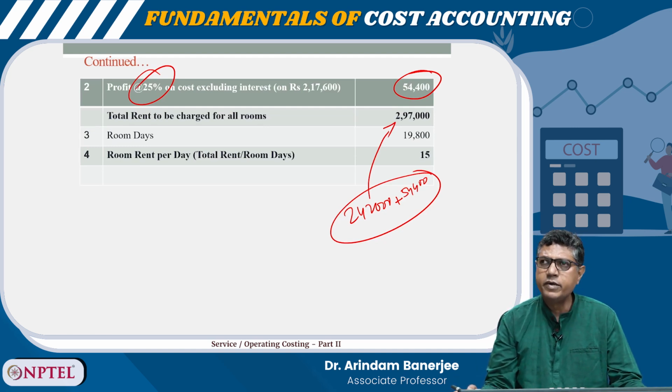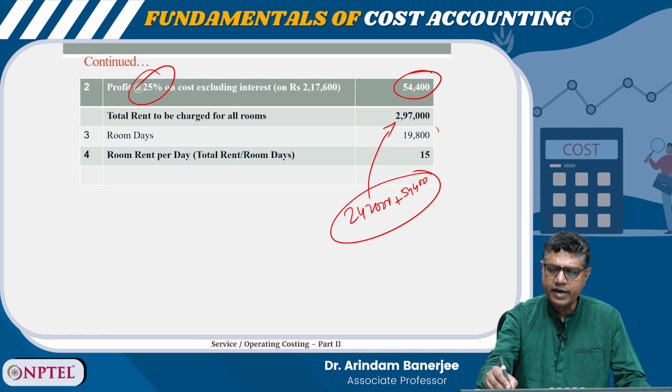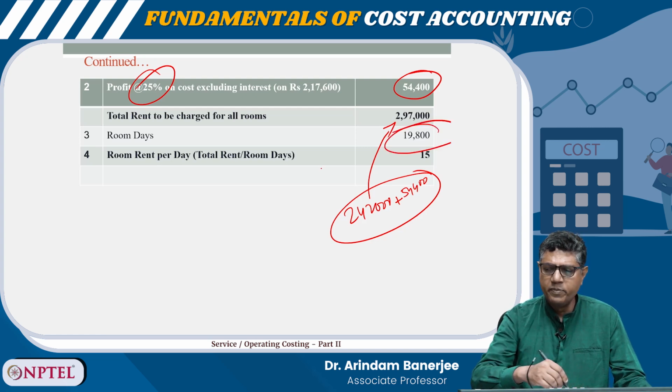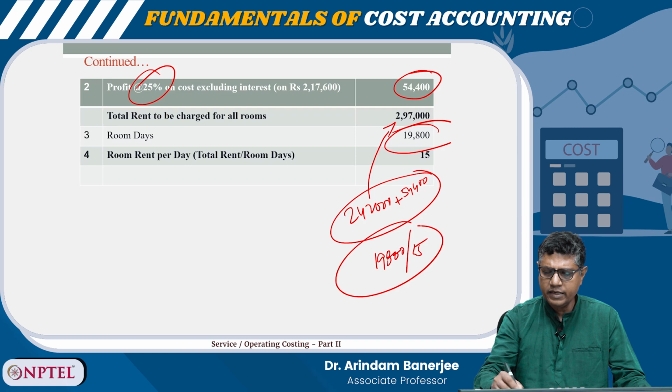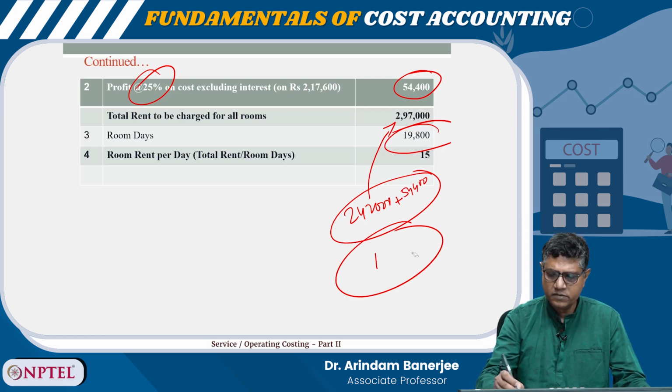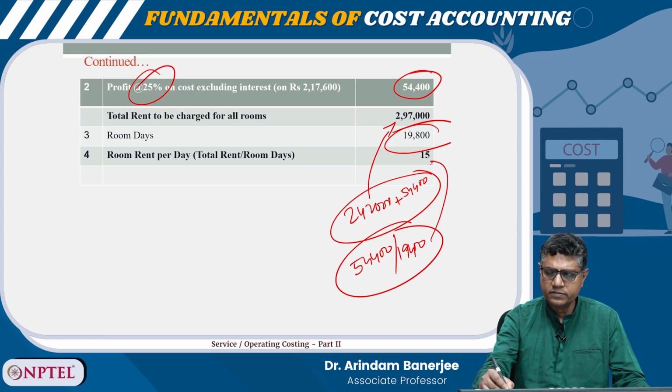And how many room days did we calculate earlier? 19,800. So the rent per room day is, if I divide it by the room days, I should get this answer.